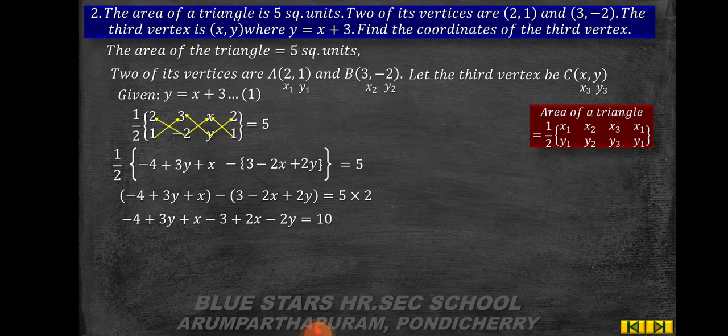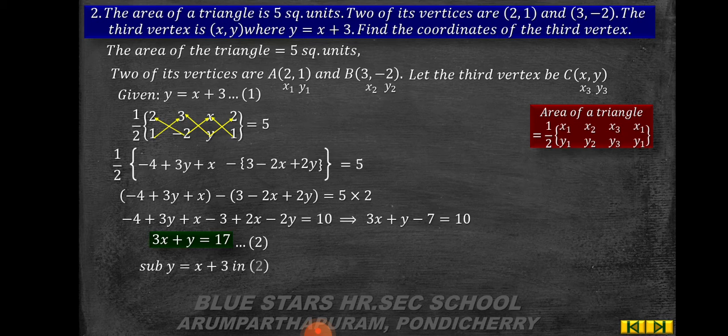So -3 minus into minus plus 2x minus into plus is -2y is equal to 10, which implies 3x, because here you have 2x plus x is 3x plus y minus 7 is equal to 10. Therefore the equation is 3x plus y is equal to 17. This is your equation number 2.